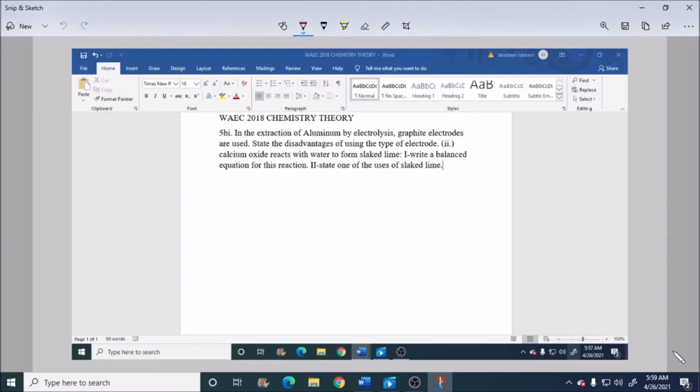The uses of slaked lime are as follows: it is used to treat acidic soil; it is used to make mortar and plasters, or cement; it is used in the manufacture of glass; it is used in the purification of water or removing hardness of water; it is used for the production of bleaching powder; and the last one is that it is used to test for carbon 4 oxide. So these are the uses of slaked lime.